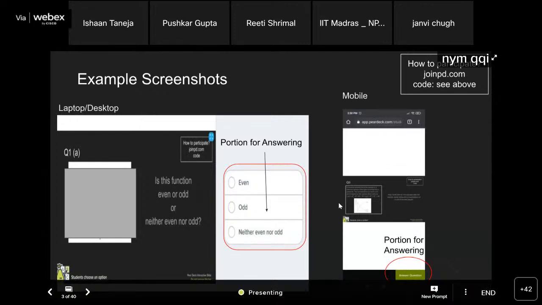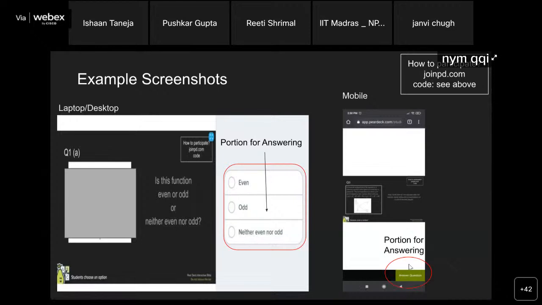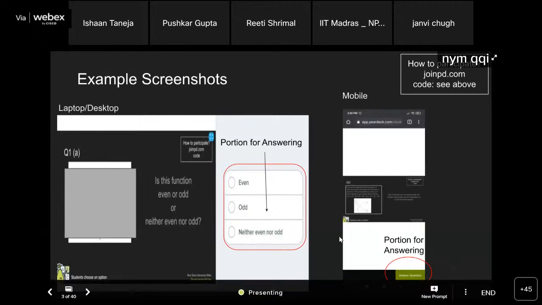You have to click on the option answer question. It will be shown on the right bottom of your screen, and after clicking on that you can select the options, or if required enter the number as per the question type.